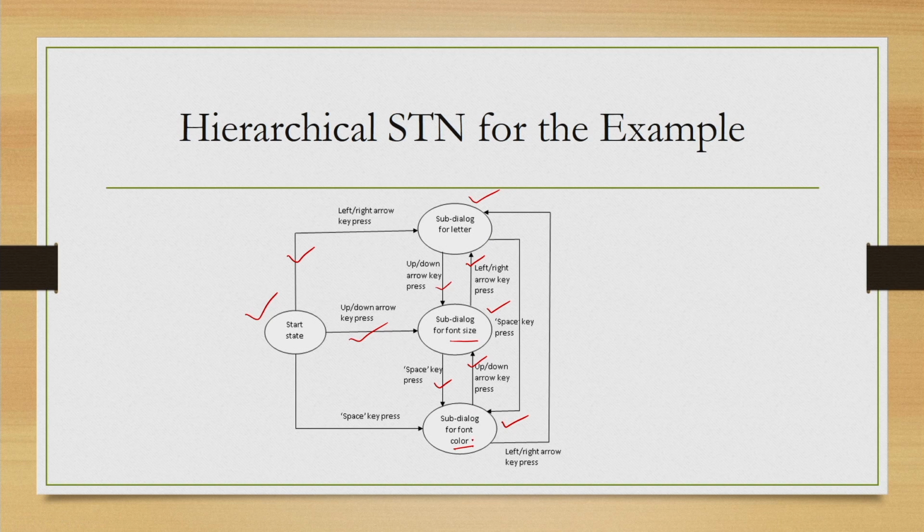We can come to the sub-dialog for font color from the sub-dialog for letter by pressing the space key, and by pressing the left or right arrow key, we can go to the letter sub-dialog from the color sub-dialog. And from the start state, if we press the space key, we can come to the font color sub-dialog.